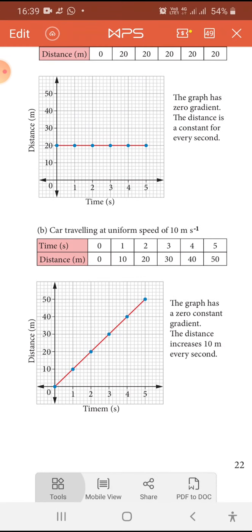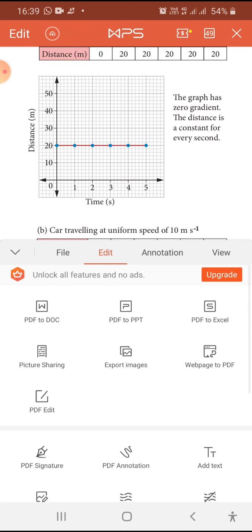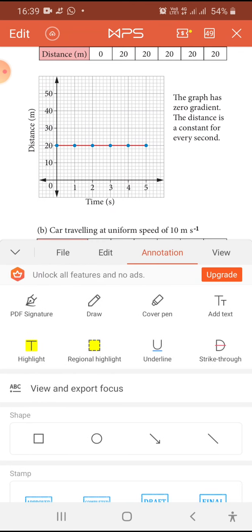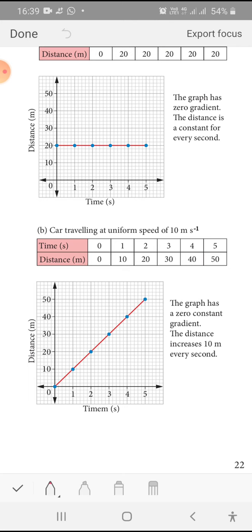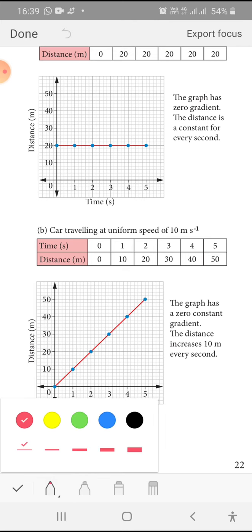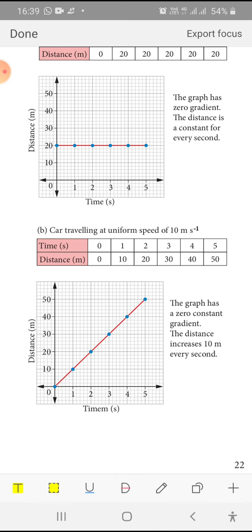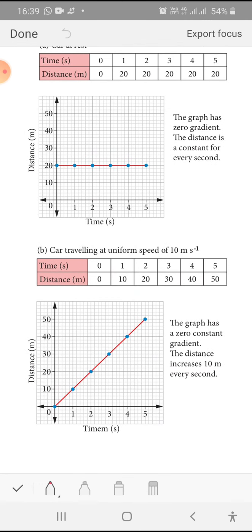In the graph we'll be noting the x and y axis points. The first point is 1 comma 10. The second point is 2 comma 20. The third point is 3 comma 30. You will be writing 1 comma 10, 2 comma 20, 3 comma 30 within brackets.